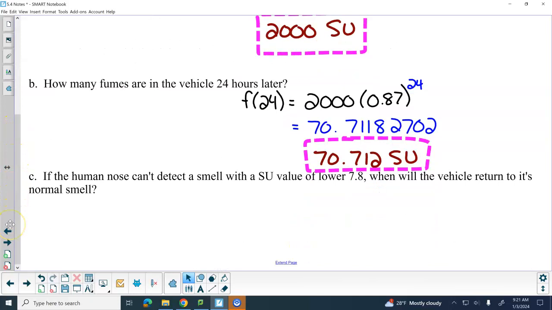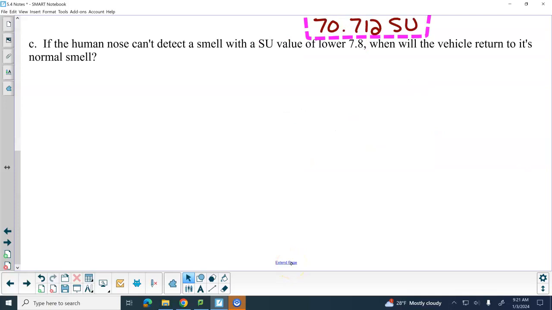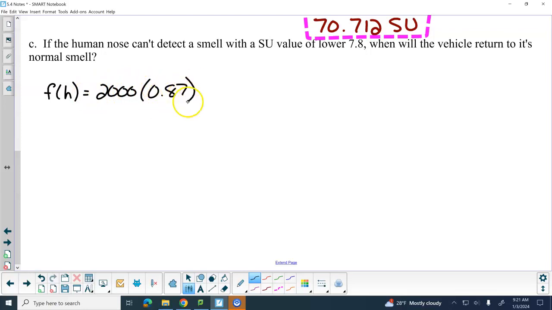If the human nose can't detect a smell with an SU value lower than 7.8, when will the vehicle return to its normal smell? Again, our function was F of H equals 2,000 times 0.87 to the H power. So we say what now?